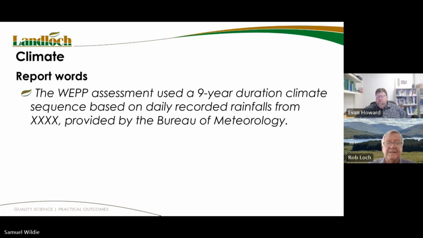Next one. Yes. We're turning now to climate. And here we have a 9-year duration climate sequence based on daily recorded rainfalls from the site, which rings some good positive bells, but is it good enough?